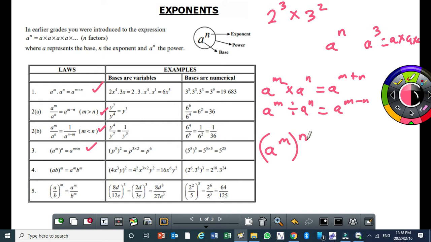Okay? So this will be equivalent to a to the power of m times n. Also, okay, this is also important. It's also the same as a to the power of n with the m outside. But you can switch the exponents, okay? Because the result is the same.